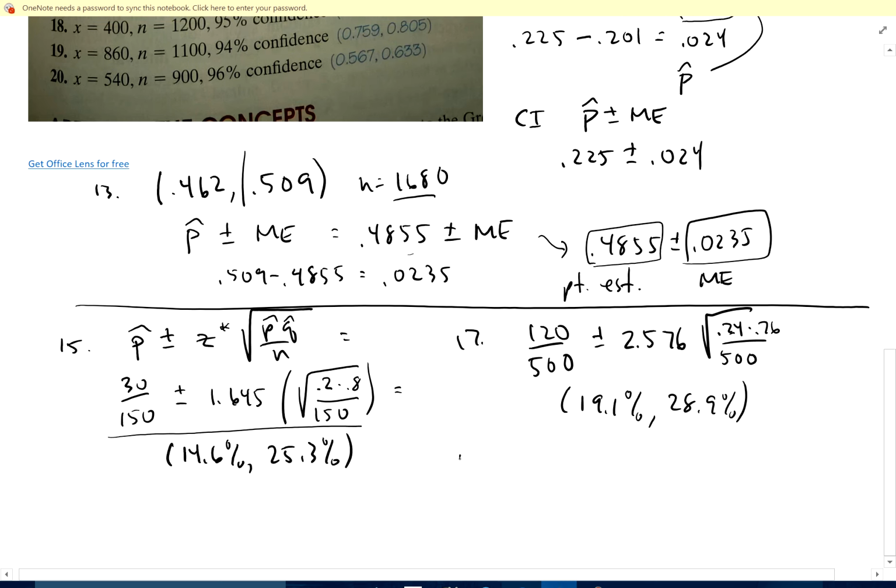Okay, and then number 19, same thing, is 860 over 1100 plus or minus 94% confidence. Oh boy, gonna have to look that up in the table, which I got handy here. I'm pulling it out of my cabinet. There, so that's my cabinet door slamming, sorry.